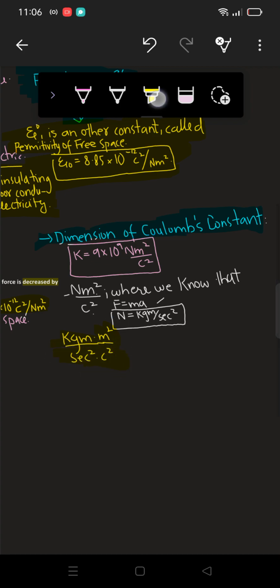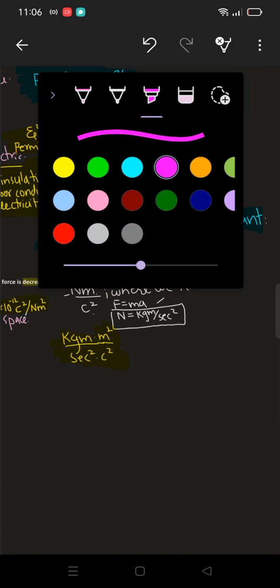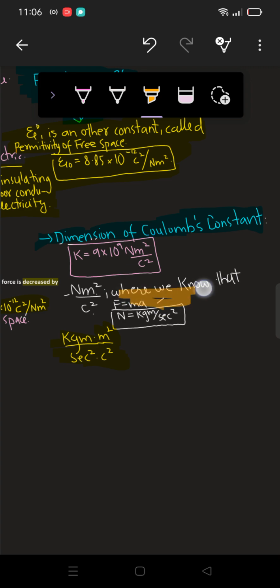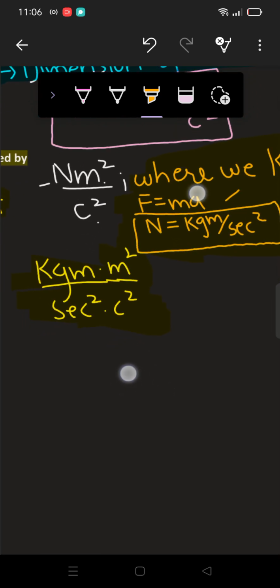Okay, so this is perfect. So now let's see what this Coulomb square equals to.